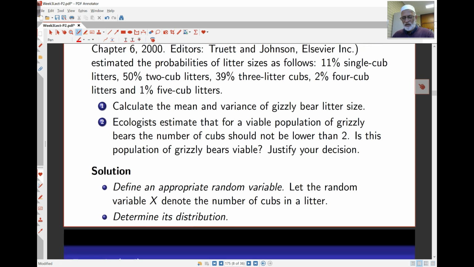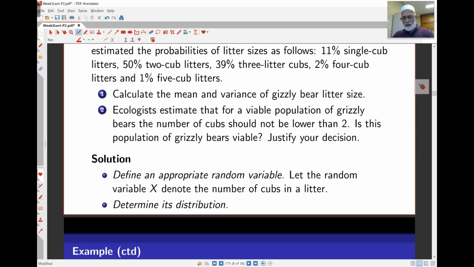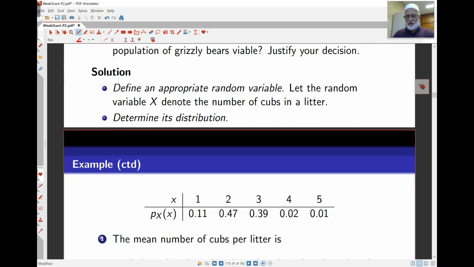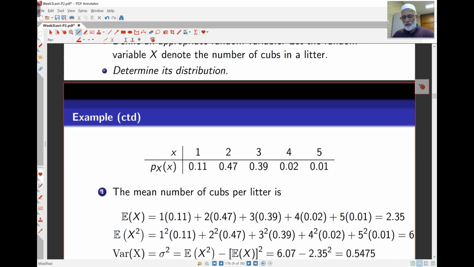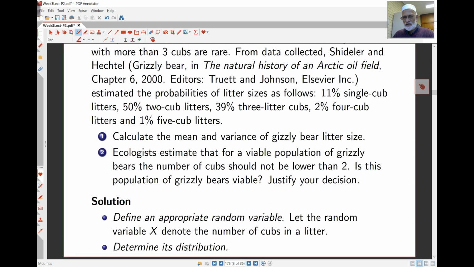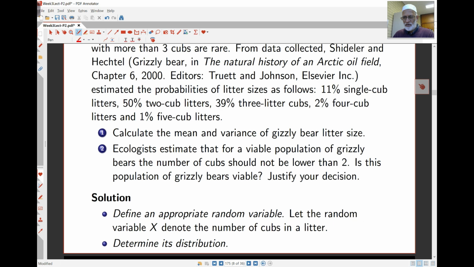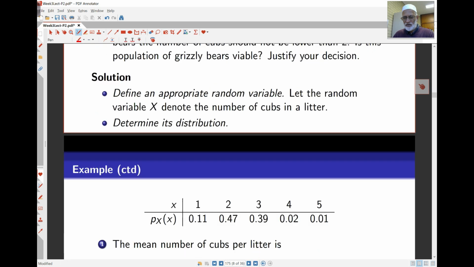So here we first of all define ourselves a random variable. It is simple in this case, it's obvious. So we let the random variable X denote the number of cubs in a litter. We now want a distribution. The distribution has been given to us in the question, so all I'm doing is putting the numbers together. So 1 cub had probability 11% or 0.11, 2 was 47%, so that is 11% single cub, 50% 2 cub.